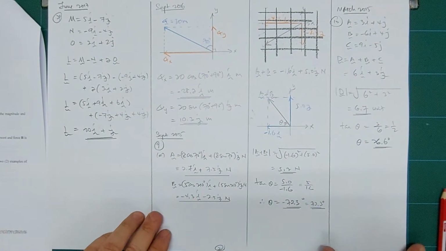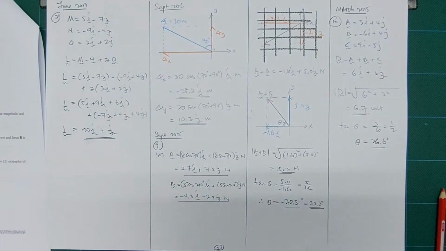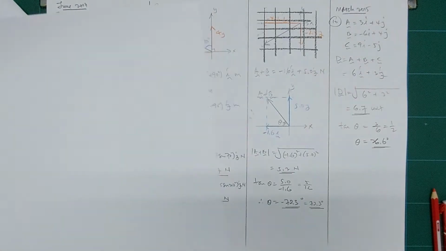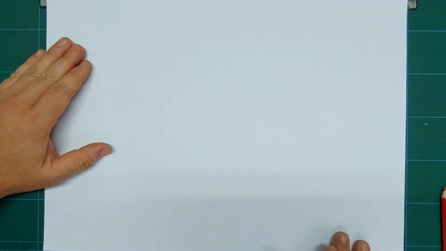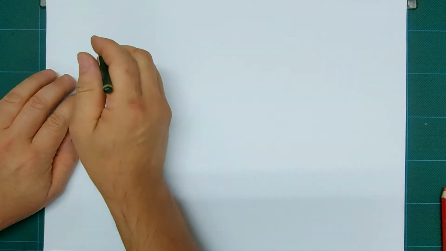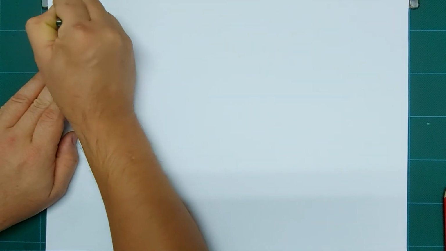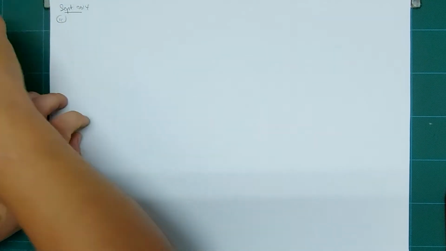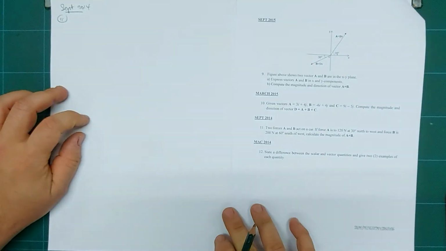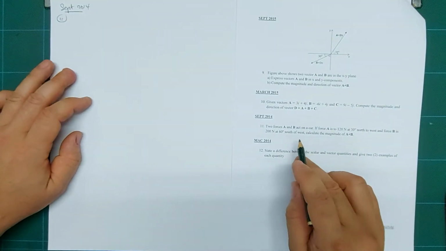All right, next. Now is question 11, September 2004. The question asks: two forces A and B act on a car.